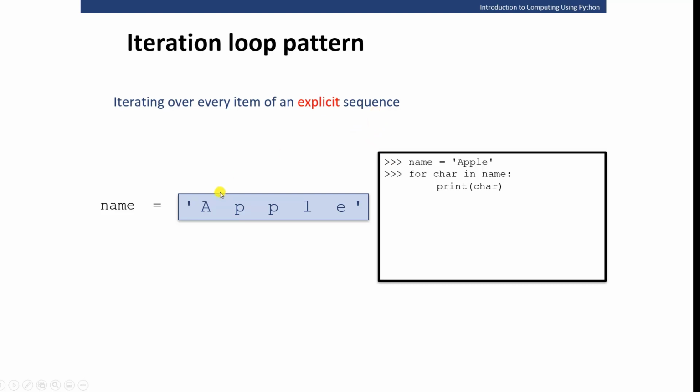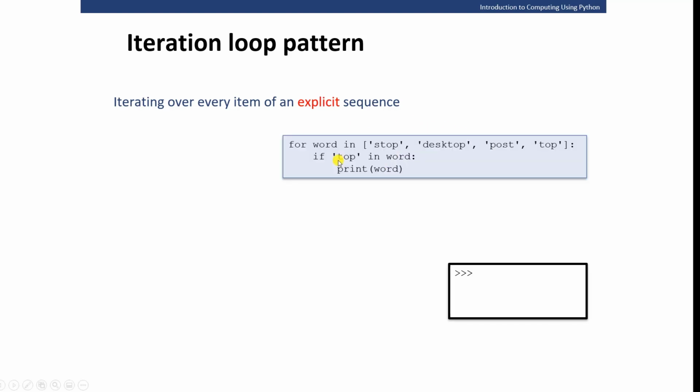So far we have used the for loop to iterate over the characters of strings, as we can see in this example, where we're going to print each character of this string. And that applies for any kind of sequence that we can iterate over.